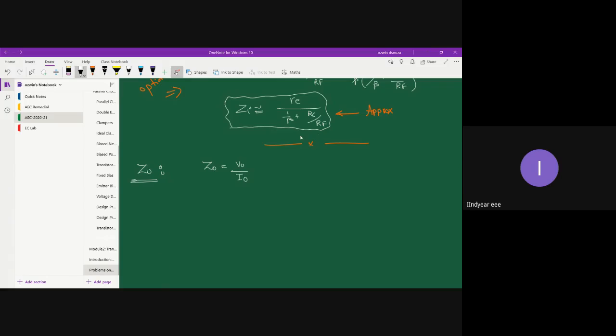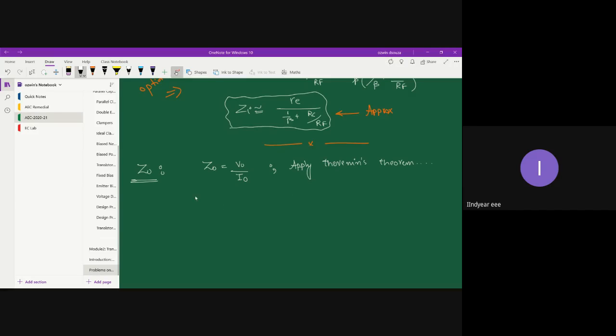So to find Z0, I will apply Thevenin's theorem. The Thevenin's theorem will help me in greatly reducing the circuit.